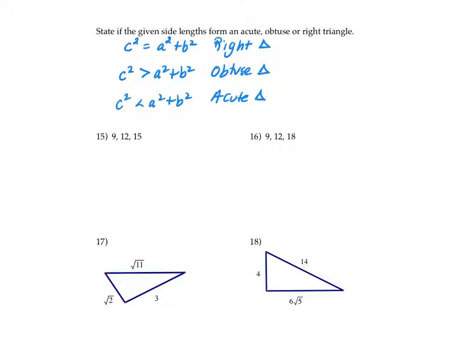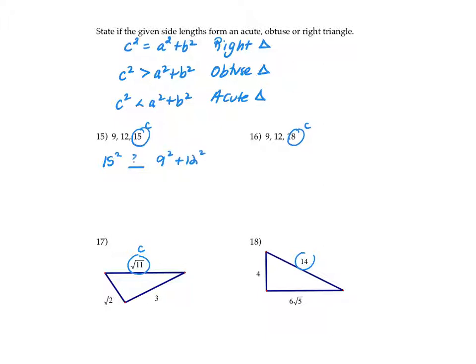You know, c is always going to be the longest side. So I'm just taking a minute to circle all my values for c. If you're not sure which is biggest, then you should check some stuff out on your calculator, like with the square roots. All right, so let's set it up. We're going to do 15 squared, and we're going to compare it to 9 squared plus 12 squared.